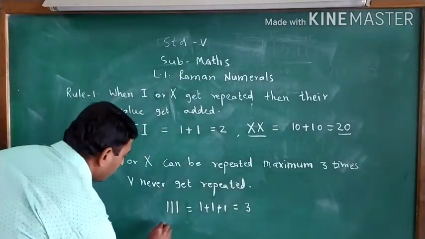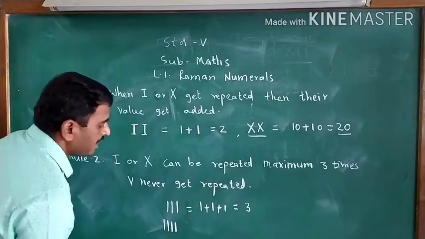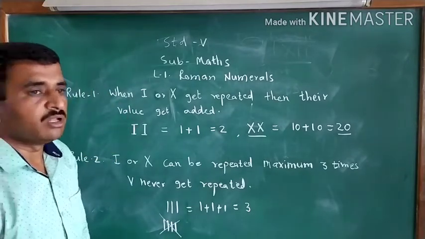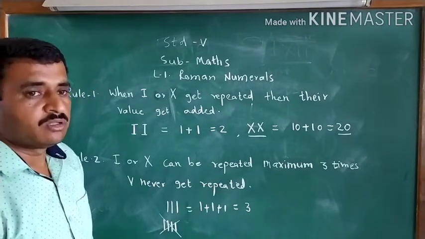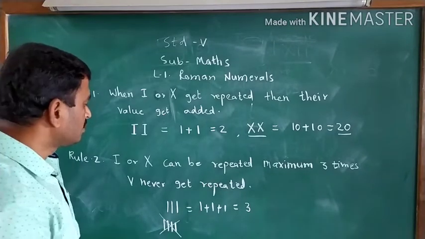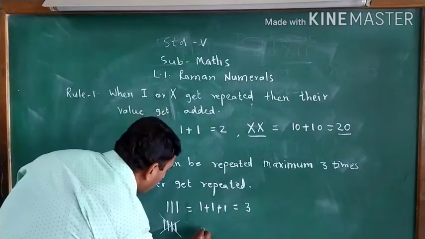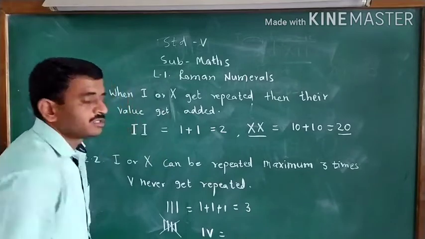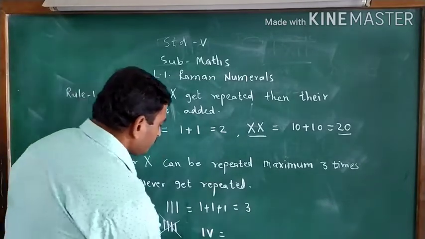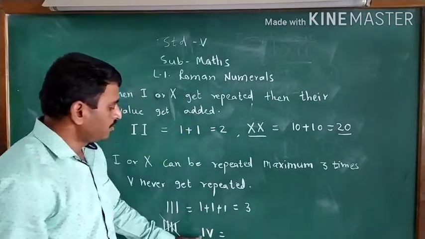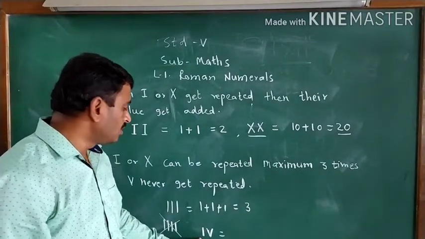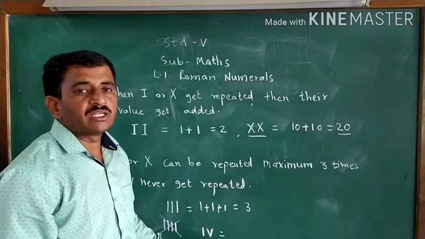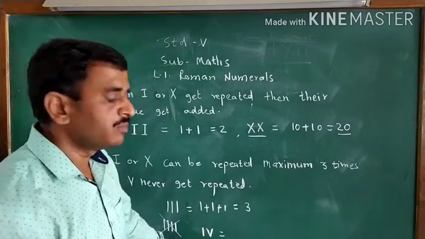But when we write 4 times I, then it is not possible. For this 4, we can use the symbols I here and V here. So it becomes 4. How does it become 4? When I is placed on the left side of V or a bigger number, then its value gets subtracted from the big number.